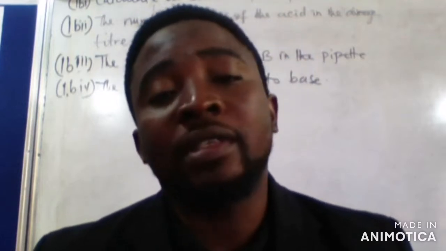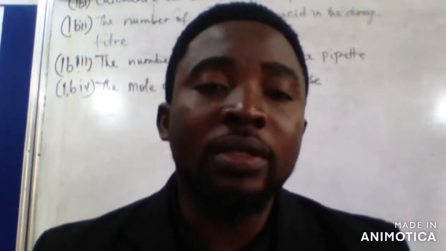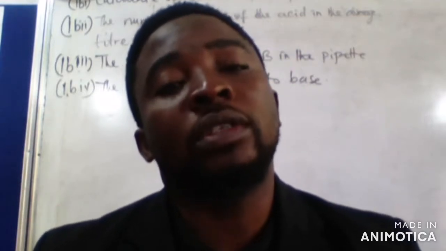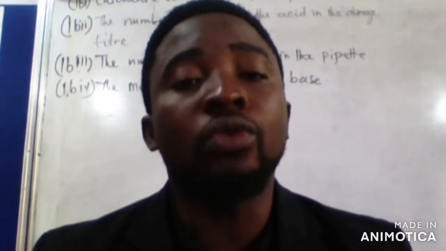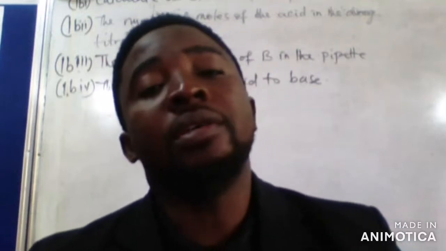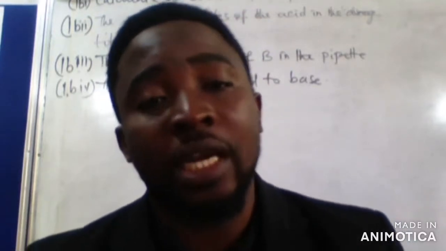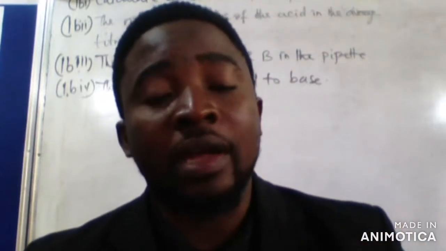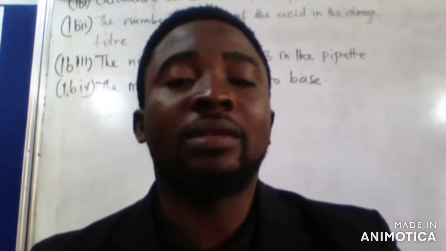In my own center, we got an average titer of 29.10. So the 29.10 represents the average volume of acid used, which is your VA. Now the VB is simply the volume of the pipette you used in the titration. One of the solutions had its concentration given, and that is the standard solution.